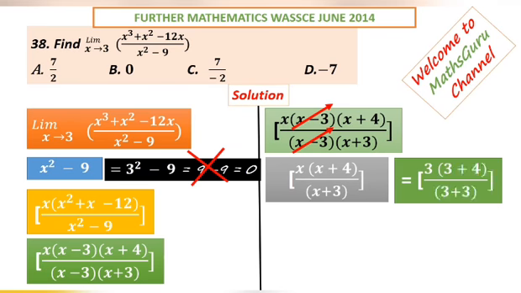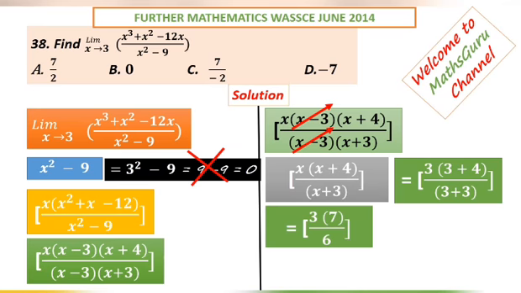So we can have it as 3 into 3 plus 4 over 3 plus 3, and this will be equal to 3 into 7, that is 3 plus 4 will give us 7, over 6. Now we notice that we have 3 at the numerator and 6 at the denominator, and 3 is a factor of 6.